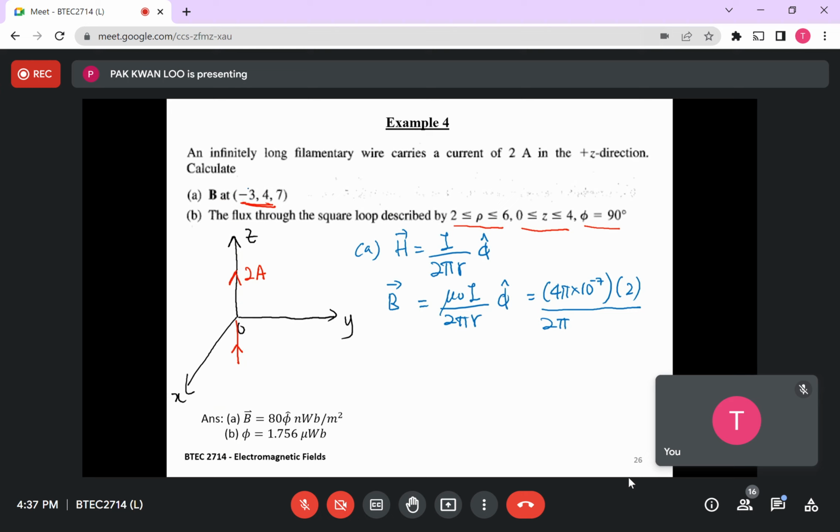So the perpendicular distance from this point is in the perpendicular direction from the current element. It is in the xy direction, and therefore r is the square root of 3 squared plus 4 squared, which is 5.